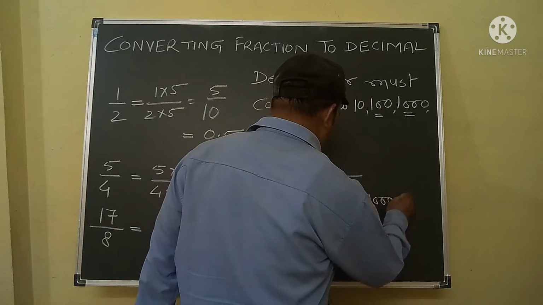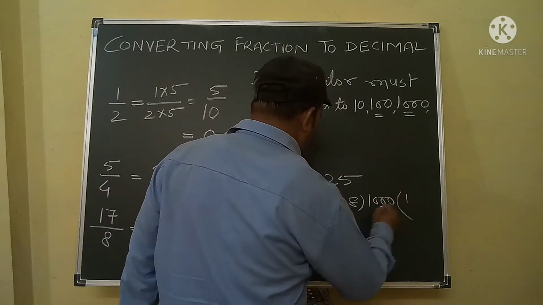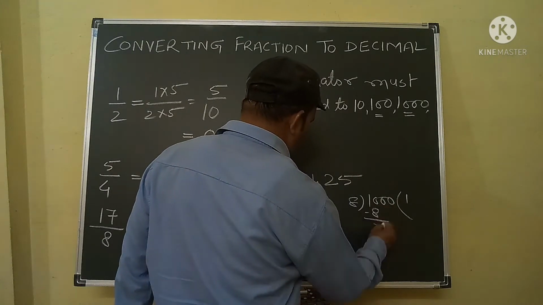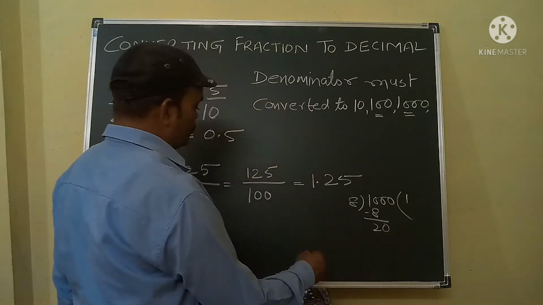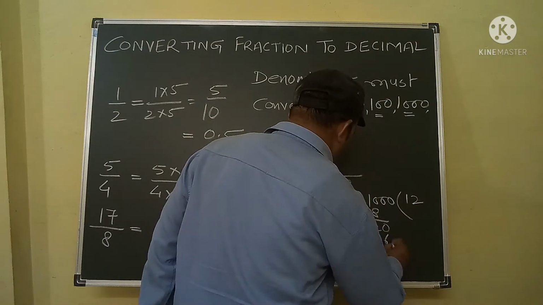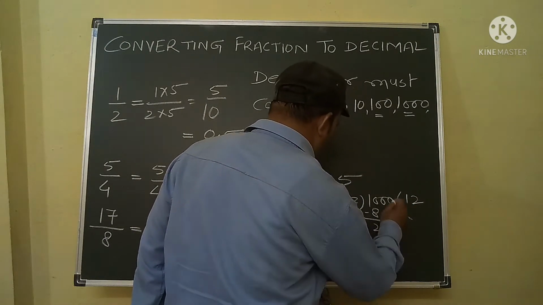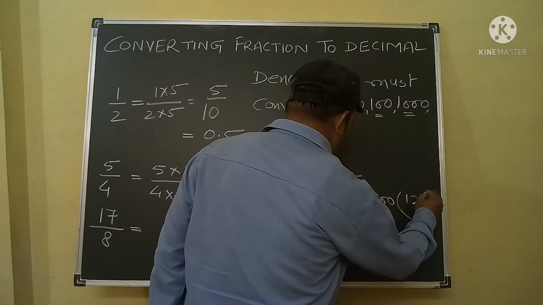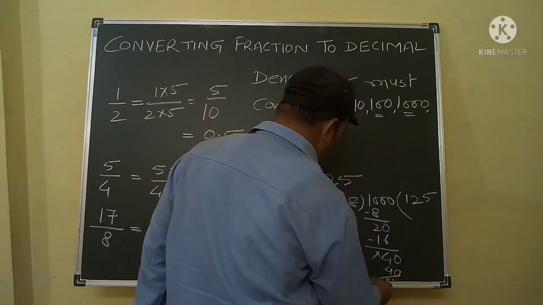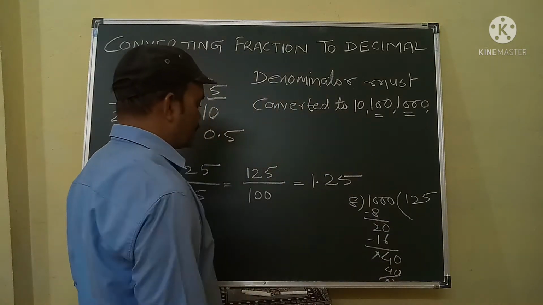20 minus 16 is 4, and this is 0. And 8 5s are 40.